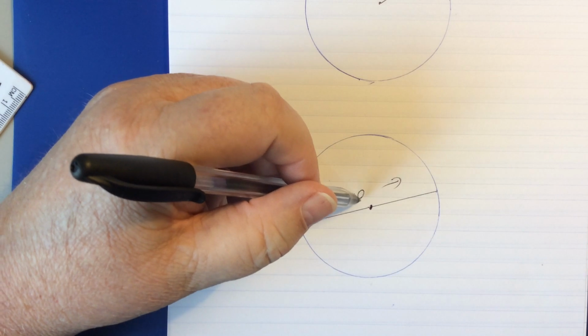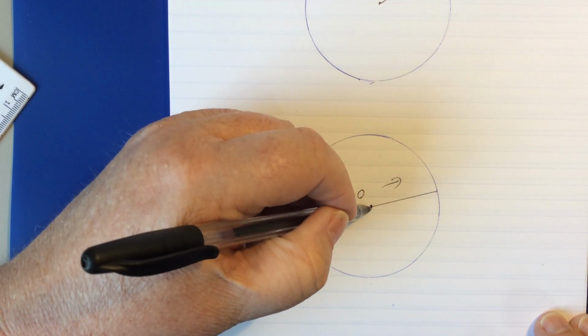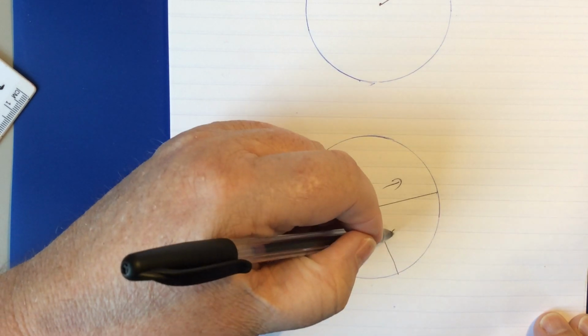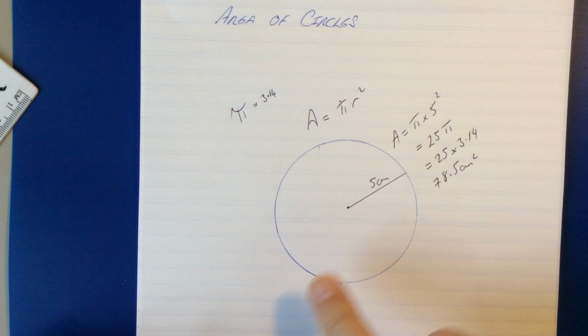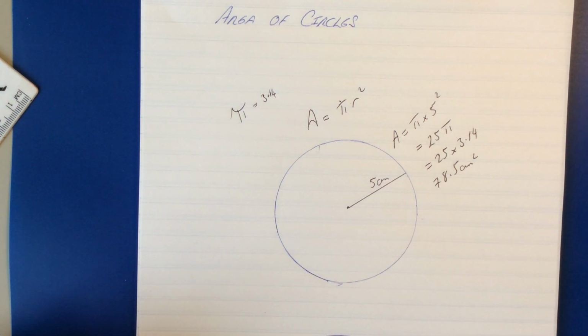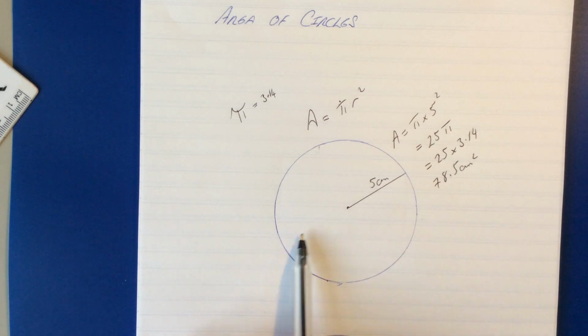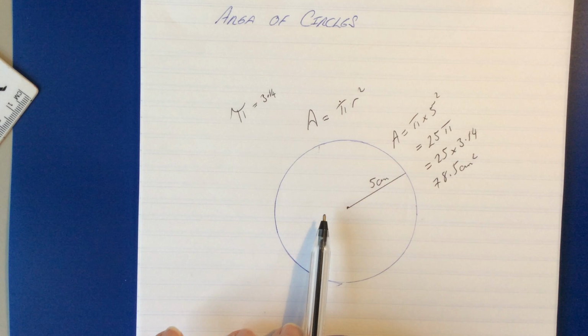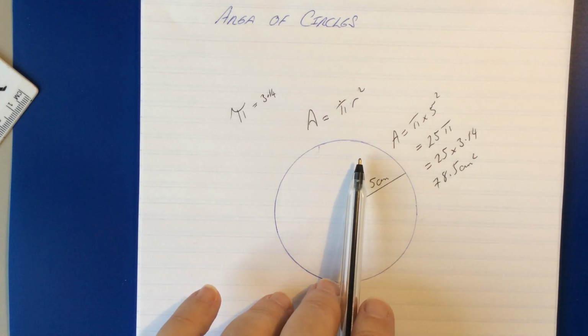Well, what you do is you halve this number because we want a radius. So the radius here is 5, and we're back to a calculation that looks like this. That was a bit of time saving. So the story is that if you don't have a radius, but in fact you've got a diameter, you halve the diameter in order to do this calculation.